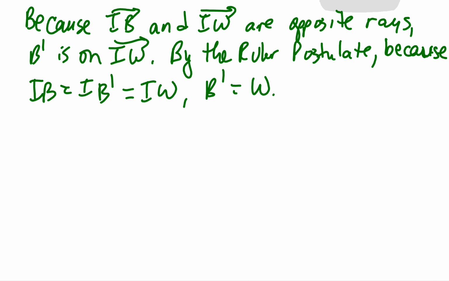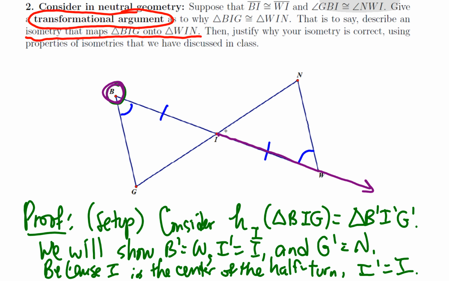We have placed I prime at I, and we have placed B prime at W. Well, then what happens? Well, then angle GBI has an image over here. G prime is on a ray that makes the same angle that NWI is.